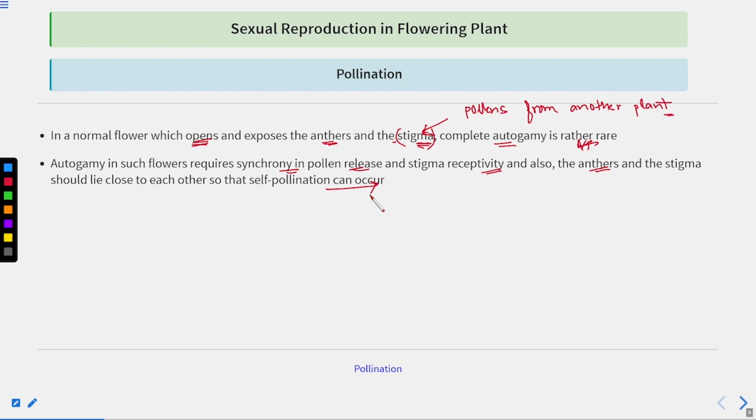So what does this mean? This means that the pollen release and the stigma receptivity should be synchronized.